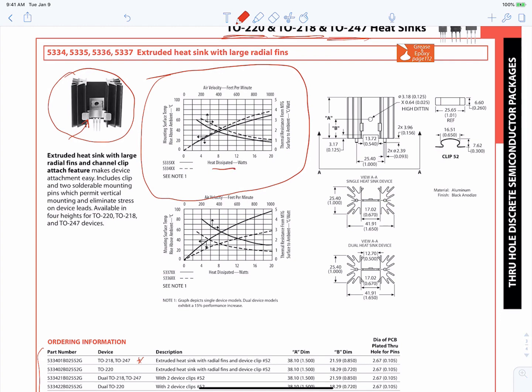It's plotting the heat dissipated against the mounting surface temperature, and it's also plotting the air velocity. This is the velocity of air in the environment that the heatsink is placed against the thermal resistance. And so the quantity that we actually care about is the latter. That is the air velocity versus the thermal resistance.